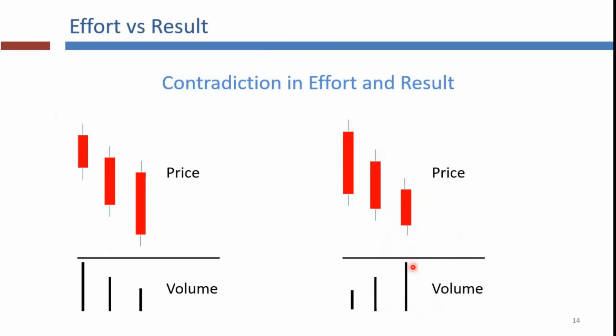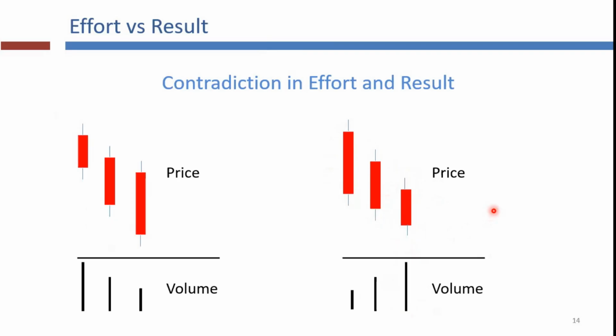So the effort taken does not match with the result. This would mean that sellers tried to push the prices downward. However, there was strong presence of demand at lower prices, which disallowed prices to fall further. So therefore, even though effort was increasing, you cannot see the corresponding result in the price action. This means again that this falling price move may not be sustainable in future.